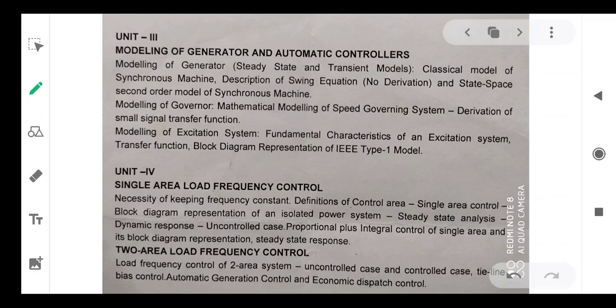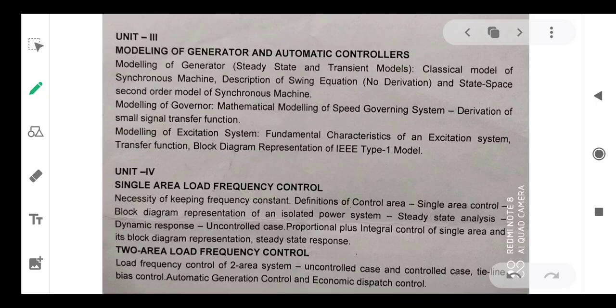In the third unit, we will concentrate on power system component modeling, which comprises turbines. Already we have completed that in the previous unit.